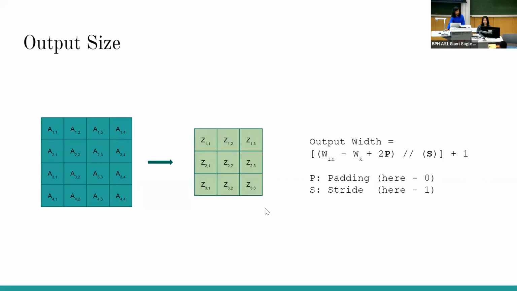I'll explain padding and stride in the next few slides. I guess you can do a quick calculation to understand how this 4x4 input size converted to 3x3 when we did a stride of 1 and padding of 0.